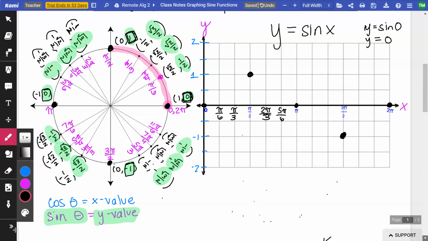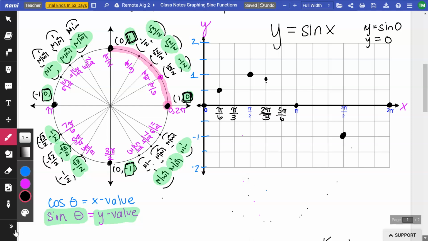What are our y values at those radian values? So at pi over 6, our y value is 1/2. At pi over 3, our y value is root 3 over 2. What does that mean in terms of our graph? Let's take the square root of 3 and divide it by 2. We're at 0.866, so somewhere up here.